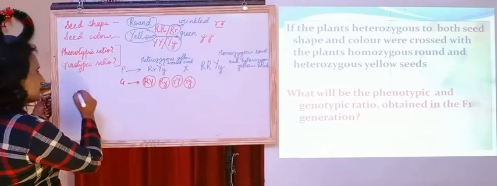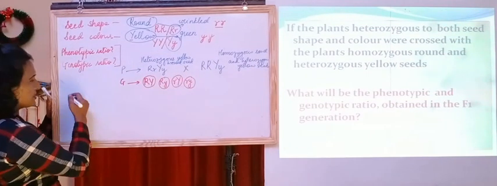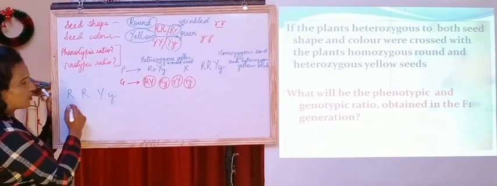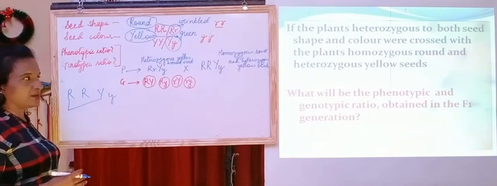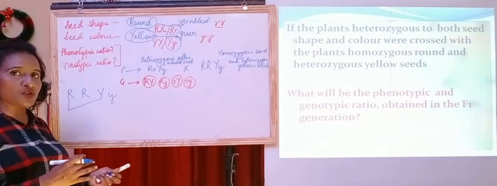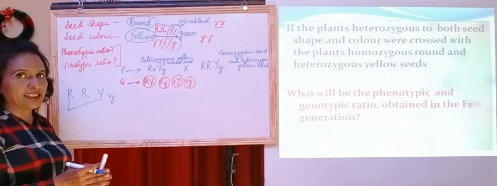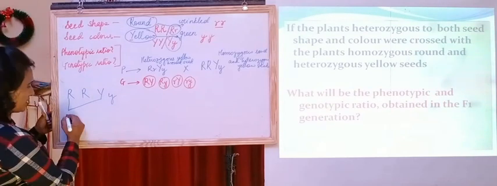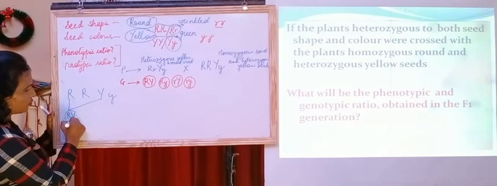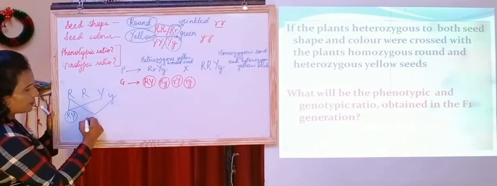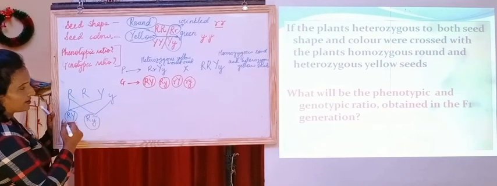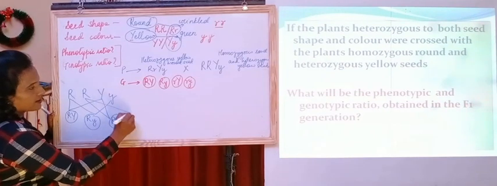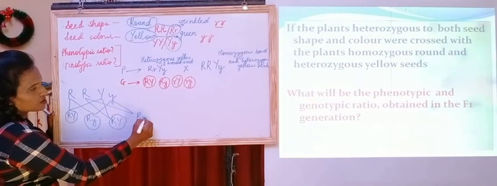Okay, so we'll just see, we'll separate all these alleles or genes, capital R, capital R, capital Y, small y, and then we'll assort them. We usually use the term assort because they are coming together, right? They get separated independently and then they get assorted. So capital R, capital Y, one gamete we have got, capital R, small y, then capital R, capital Y, capital R, small y.